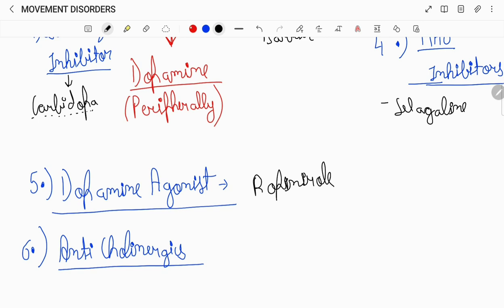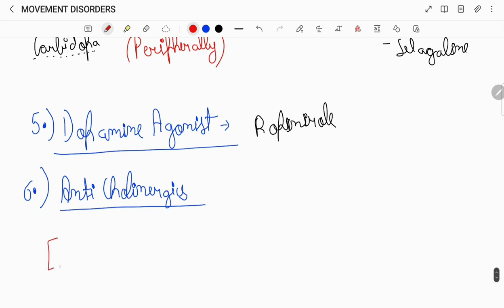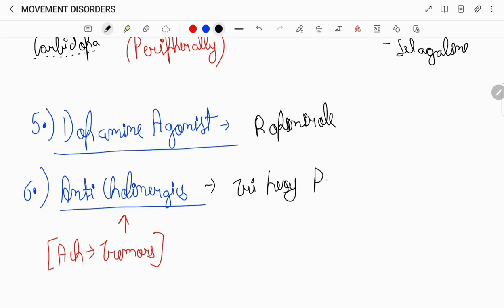Now, one thing you need to understand is that acetylcholine is responsible for tremors in Parkinson's. So, that is why we give anticholinergics. And the anticholinergic that we give is trihexyphenidyl.